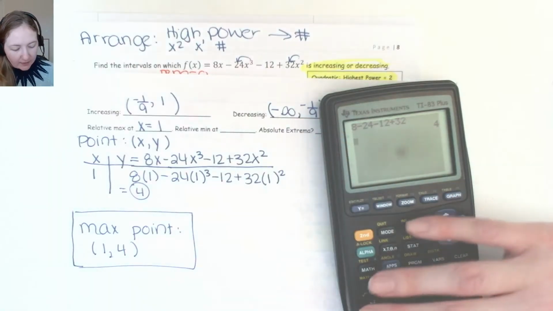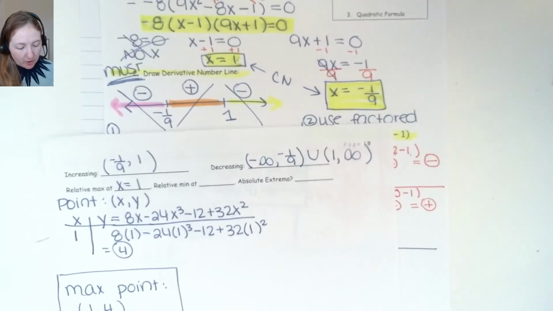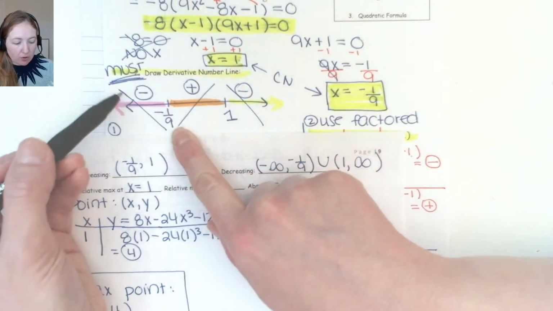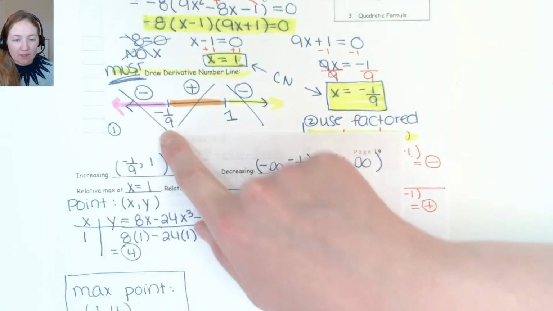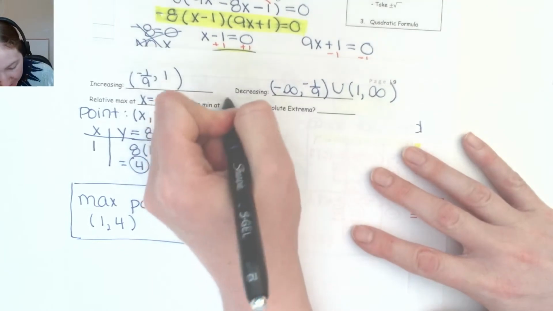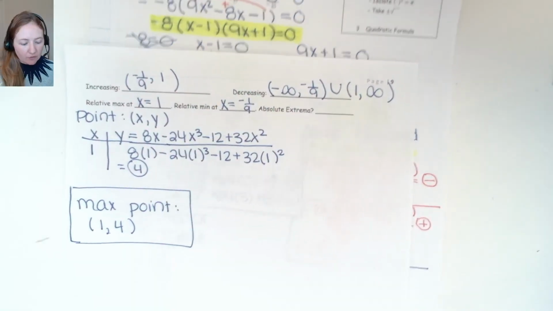Then when they ask you for the minimum, again, going back to your chart here, you'll say you have a minimum at -1/9 because you go from down to up. So that's a valley, that will be a minimum. So your minimum will happen at -1/9. Again, for this homework, they want the actual point.